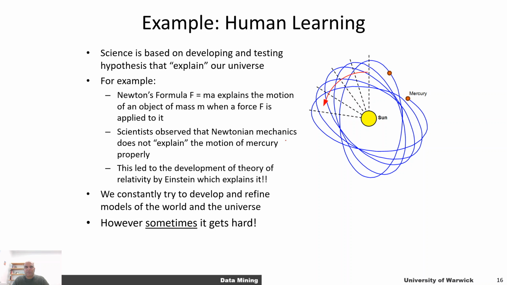However, what people observed is that there is a difference between what Newtonian mechanics predicted and where the planet actually was in the case of the planet Mercury. So there was a difference in the predicted and the actual orbit of Mercury, and these differences led Einstein to develop the theory of relativity that is about 100 years old now.